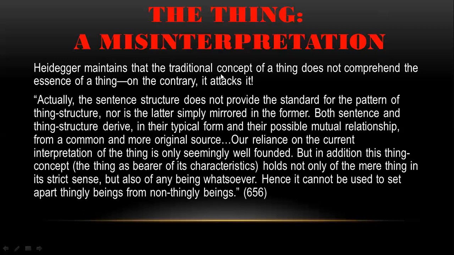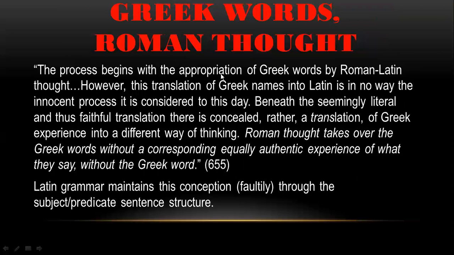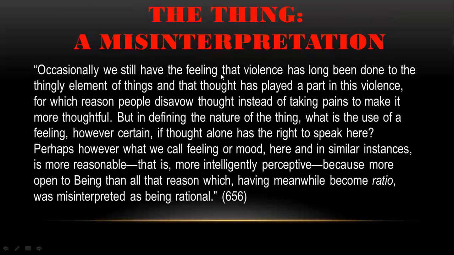You can write a subject predicate sentence: God exists, God doesn't exist, God is beautiful, God is great, God is not great, whatever you want to say, blasphemous, non-blasphemous, believing, non-believing. For Heidegger, that subject predicate distinction doesn't separate what he calls thingly beings from non-thingly beings.